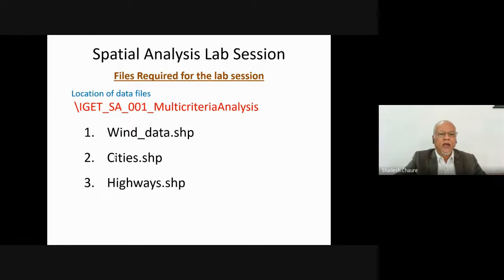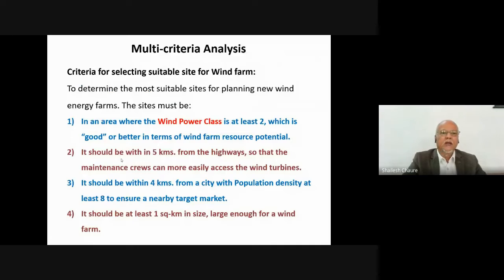And you have a city file, that is the location of the cities with the population, and you have a road layer, a line layer, which is the highway. So you have polygons with different wind classes, cities with different population, and highway. 3 layers are there. Now you have been asked to select the site for the wind farm.